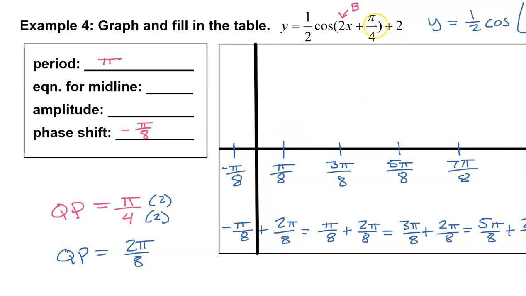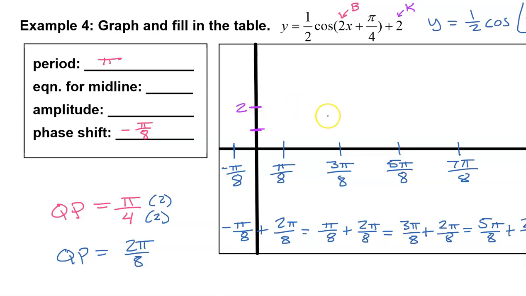Let's pay attention to the vertical shift, which is given by this k value. The vertical shift is plus 2. So that tells me that I need to go up 2 like this. So there's 1 and there's 2.